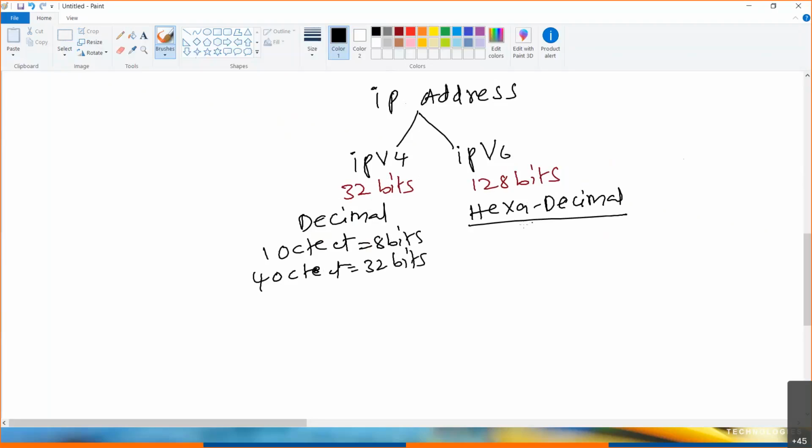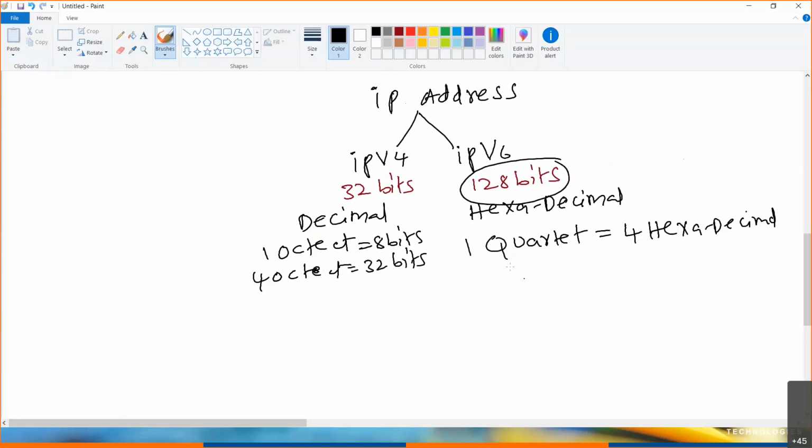In IPv6, hexadecimal numbers, we call it a quartet. One quartet is equal to 4 hexadecimals. The complete 128-bit address is represented with 8 quartets.